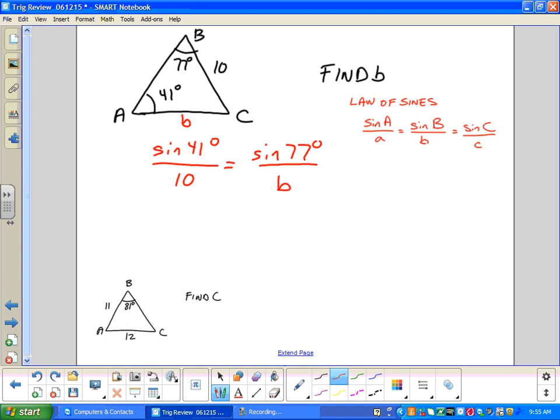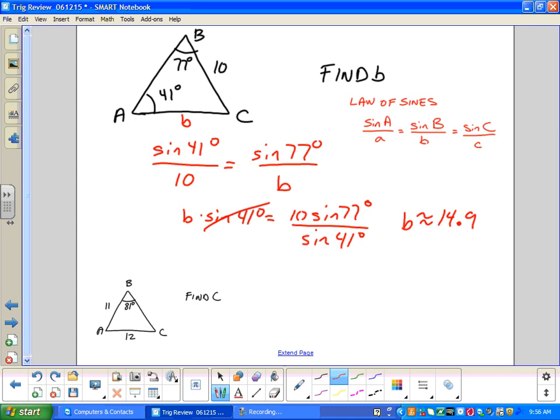So cross multiply and divide. And there's your exact answer. And if you want to get to a decimal, you just have to do the math. If I do the math on my calculator here, I get approximately 14.9 when I round, for the length of b.